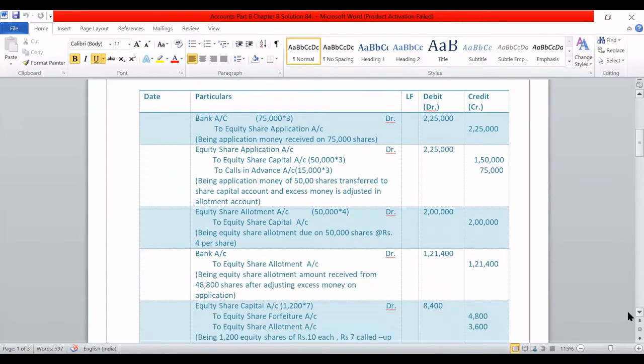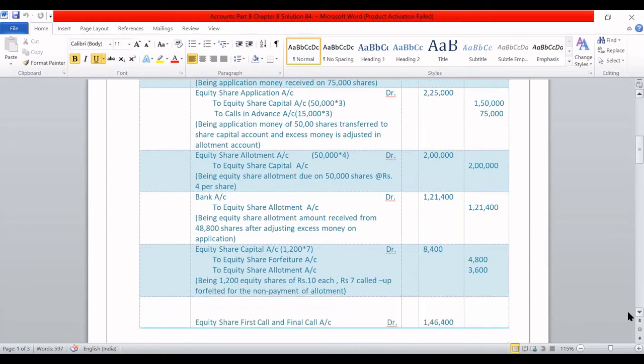Now, the first journal entry is bank account debit to equity share application account. 75,000 applications were coming, and 75,000 into 3 will give you 2,25,000.